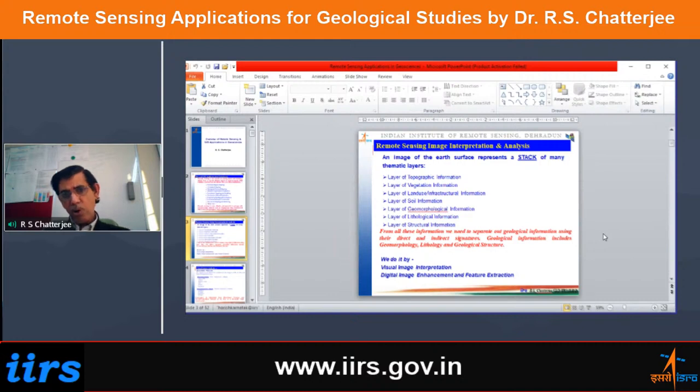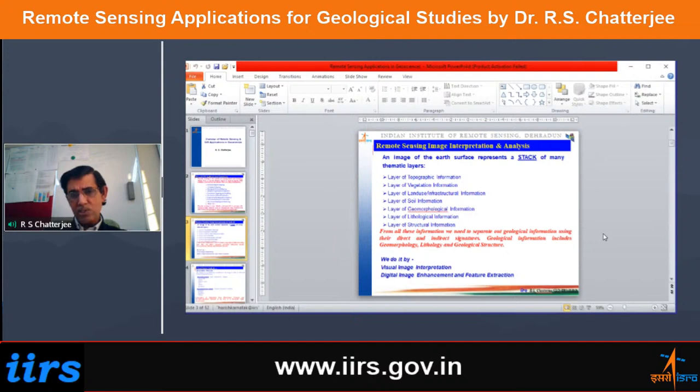Now, from all kinds of information, it is the job of a geologist, a remote sensing geologist I should say, to separate out the geological information using direct and indirect signatures. And what is that geological information? They are geomorphology, lithology, and geological structures.